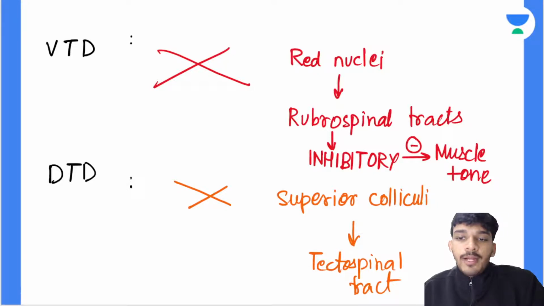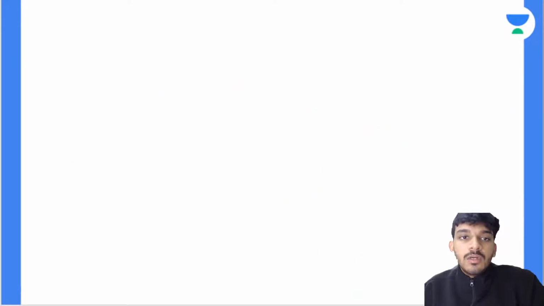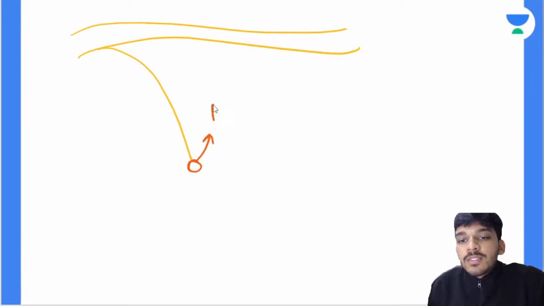Then I had one point about the pretectal nucleus. You can write that. So see what happens. This is the optic nerve. It gives some fibers, and these fibers are going to go to the pretectal nucleus.